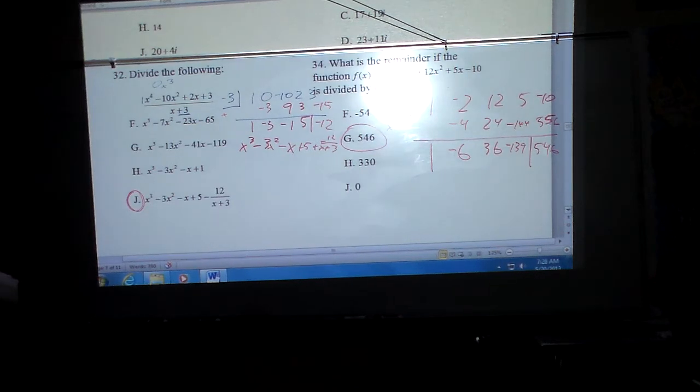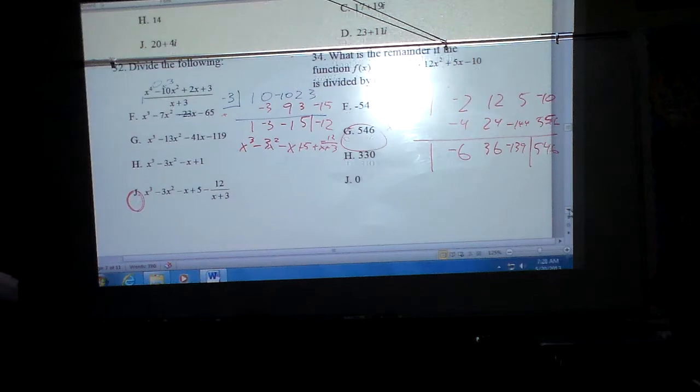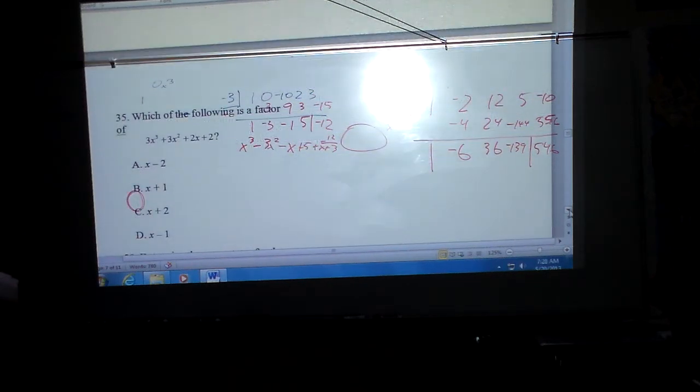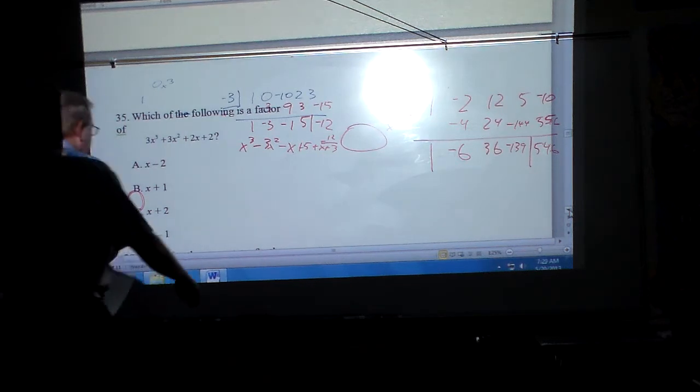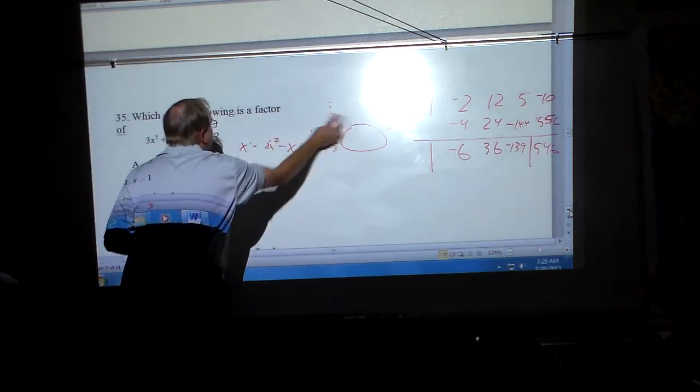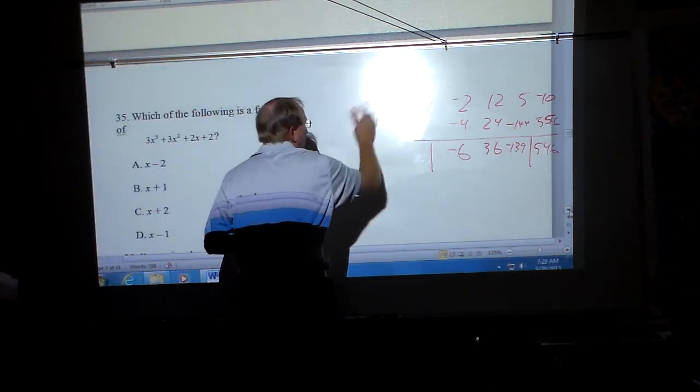All right, now we have one more of those same types of problems to do. Let me put a little arrow down here to this one. Problem 35, okay, is very, very similar. All right, it says which one of these is a factor? Now here you have to use a little bit of guess and check.